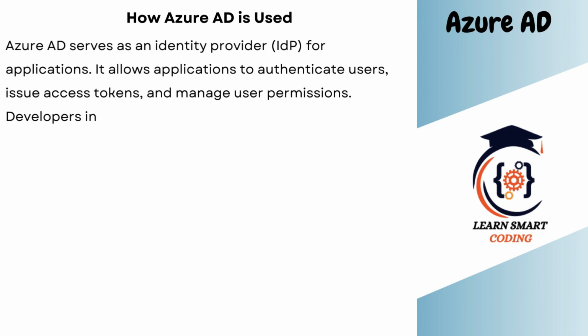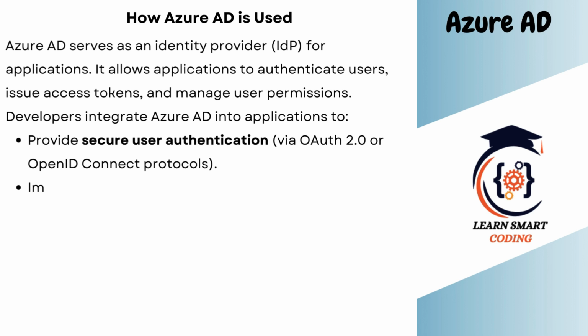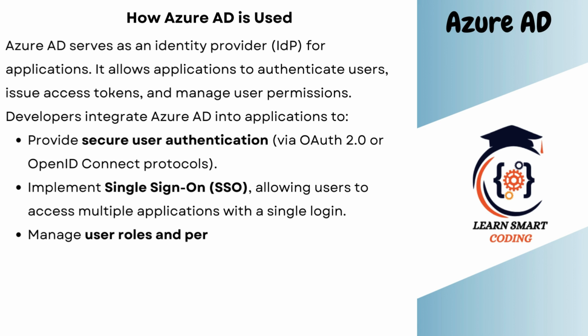Developers integrate the Azure AD into the applications for the following reason. It provides a secure user authentication, and because this is using OAuth 2.0 and OpenID Connect protocols, you can implement single sign-on, that is what it's called SSO, allowing the users to access multiple applications with a single login. So you log in once and that's it.